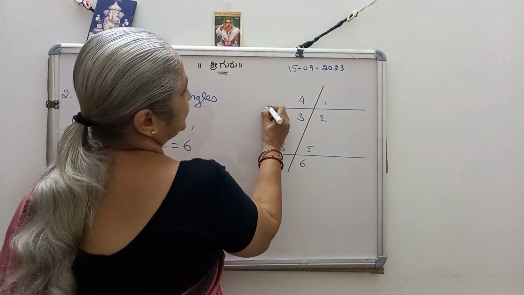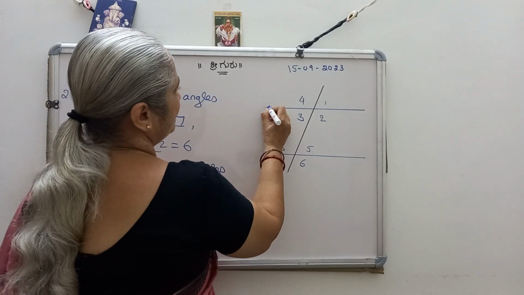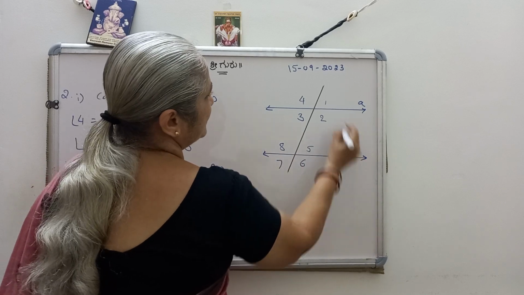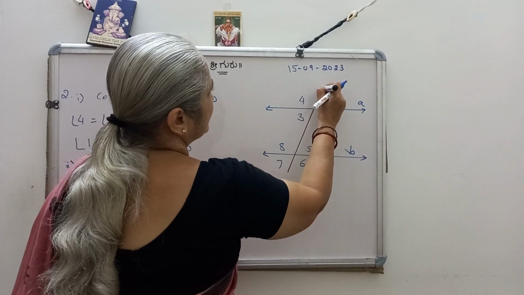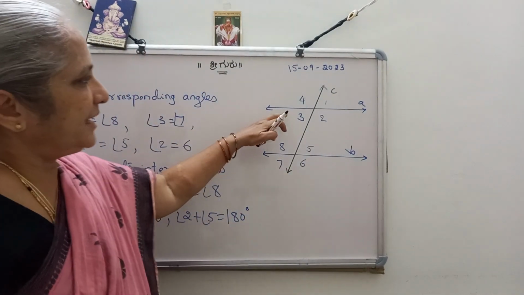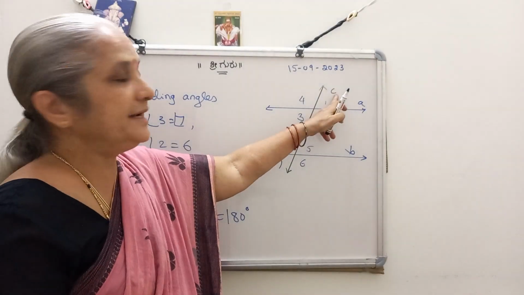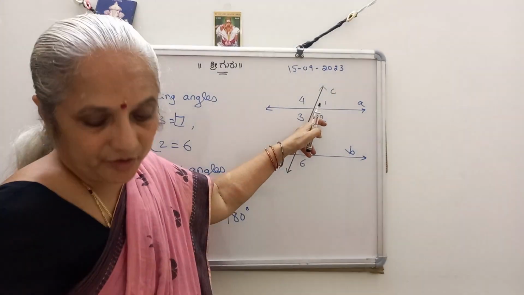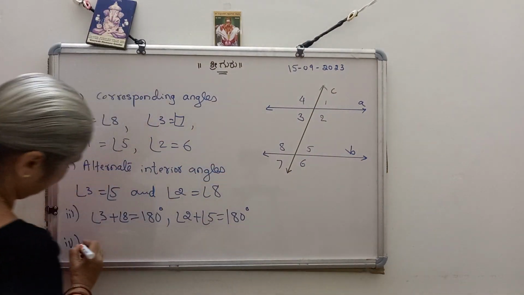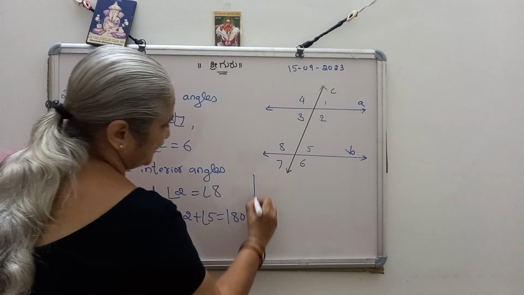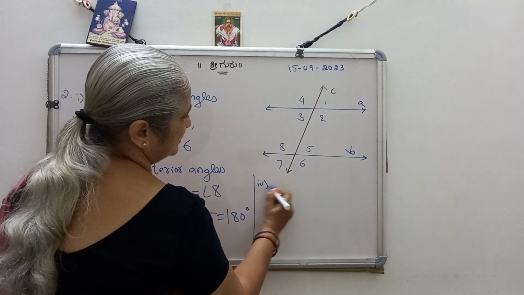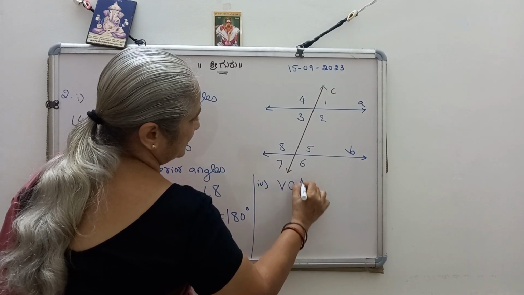Here, this line A, this is the line B, and this is the line C. Line A and line C are intersecting at this point. So, the vertically opposite angles here are, I will write it here, okay. The fourth one, vertically opposite angles.